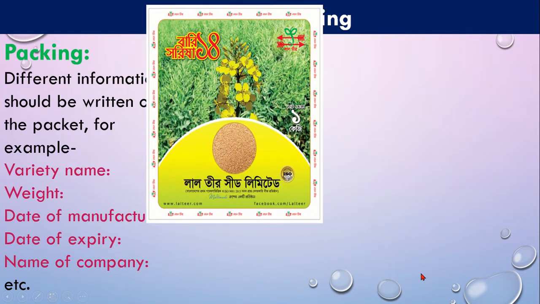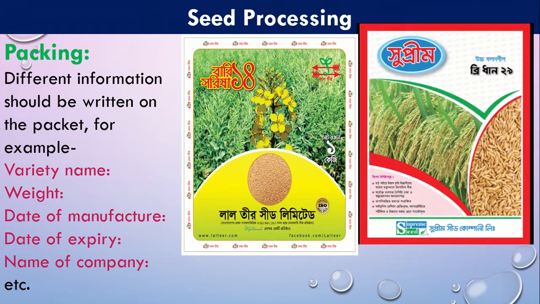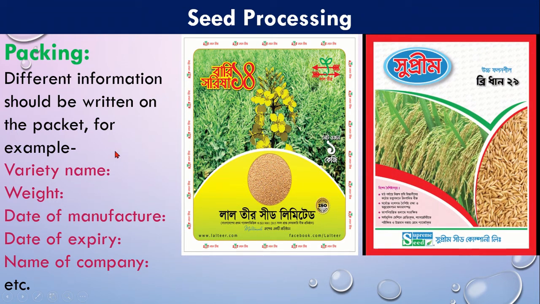And packing. So what should be present in the packet when you are packing the seeds? Different information should be written on the packet, for example, variety name, weight, date of manufacture, date of expiry, and name of the company as well. If you see these two pictures, here one is Lalti seed, this is the brand name. Supreme seed, this is the brand name.